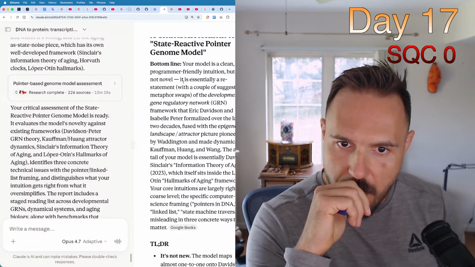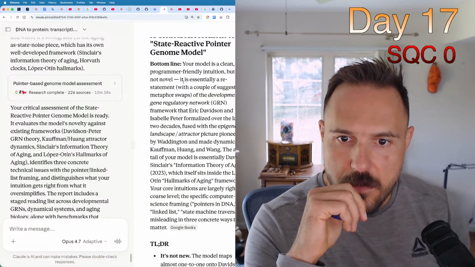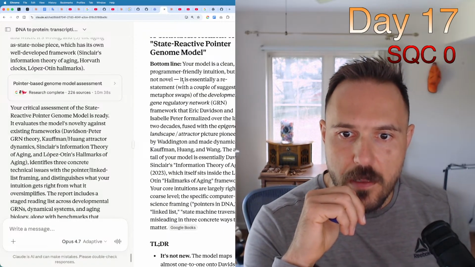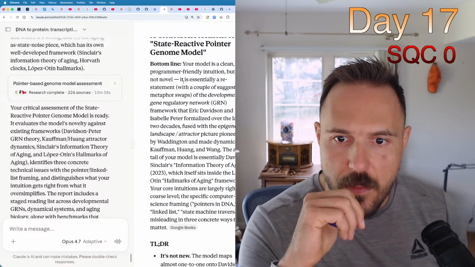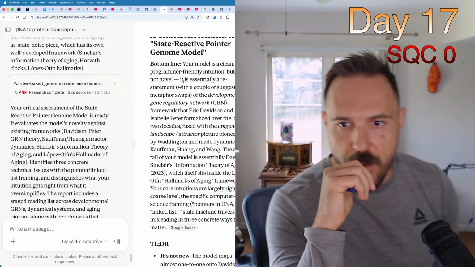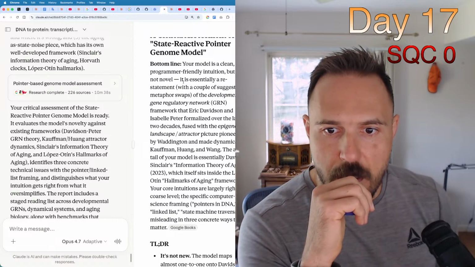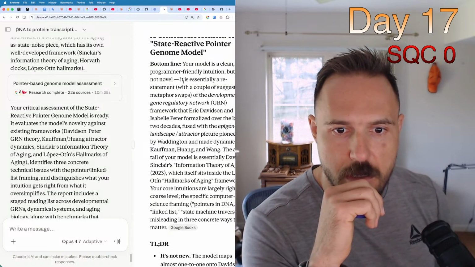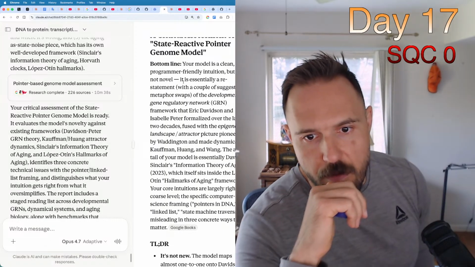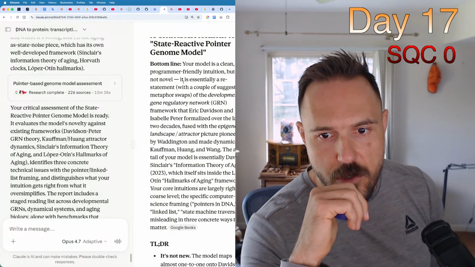Interesting. Fused with the epigenetic landscape attractors picture pioneered by Waddington and made dynamical by Kauffman, Huang, and Wang. The aging tail of your model is essentially David Sinclair's information theory of aging, right, which itself sits inside of the López-Otín hallmarks of aging framework.